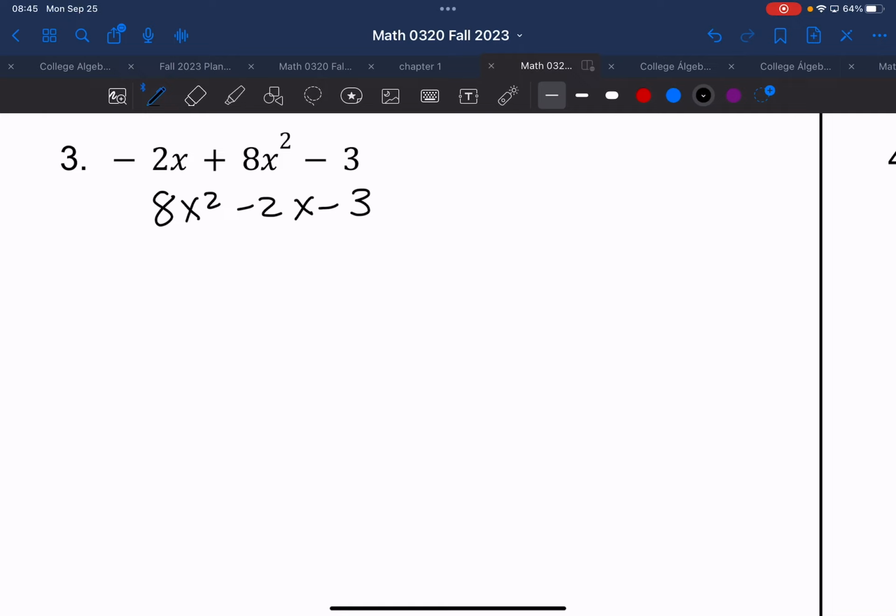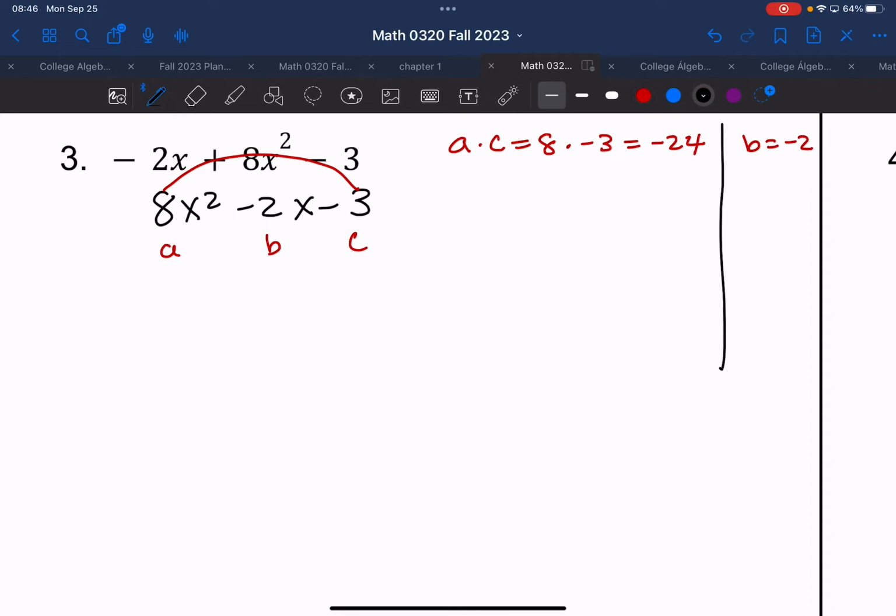Is there a GCF I can take out of this? Yes or no? No, so I'm just going to go ahead and label my A, my B, and my C, and start multiplying my A times C. So 8 times negative 3 gives me negative 24, and my B value is negative 2.